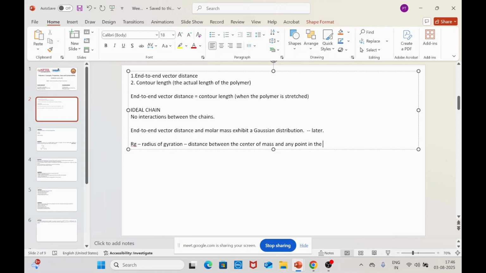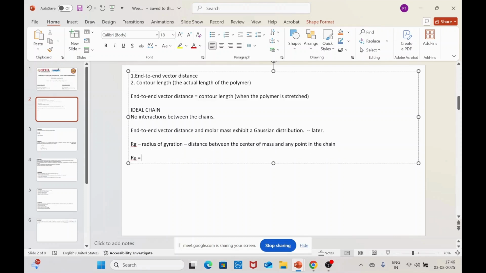Yeah, because you basically take that entire chain and find the center of mass. From that center of mass, whichever point you measure on that chain, that distance is what you call the radius of gyration, RG.